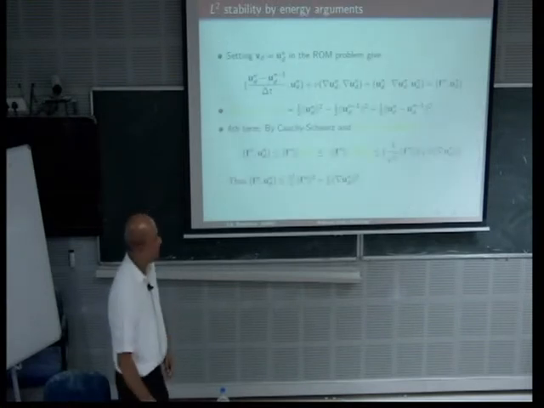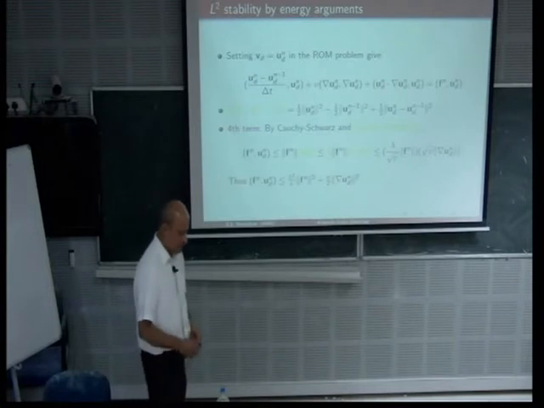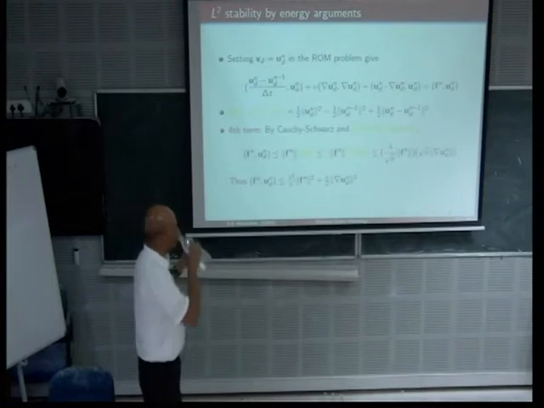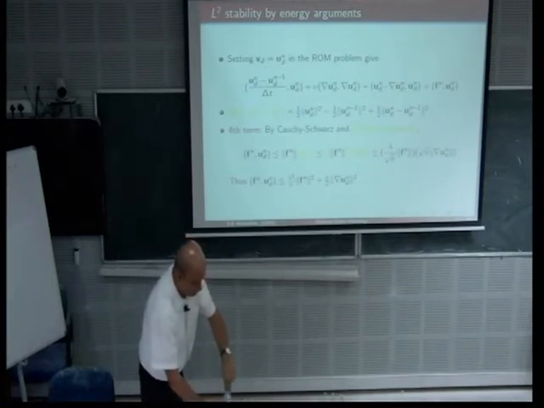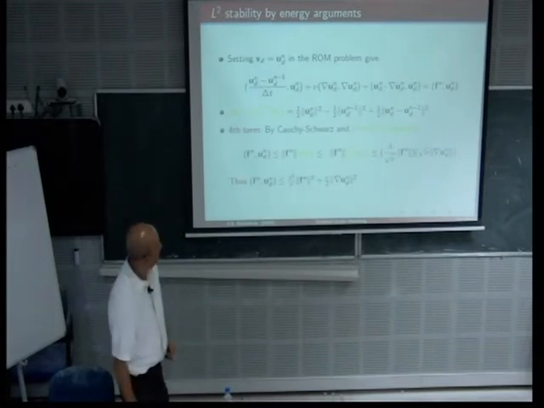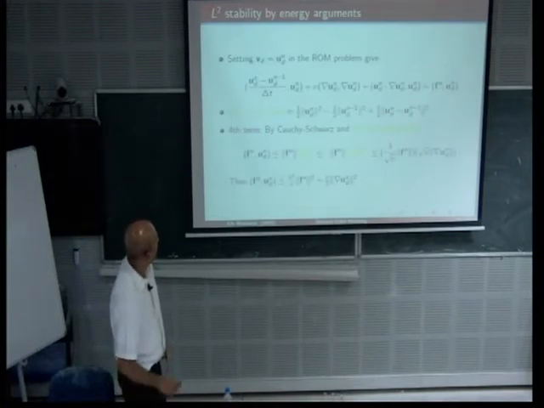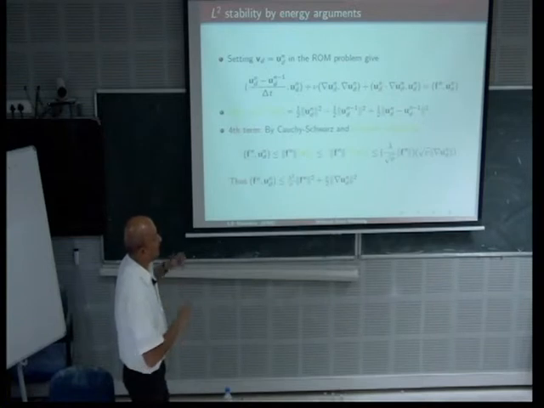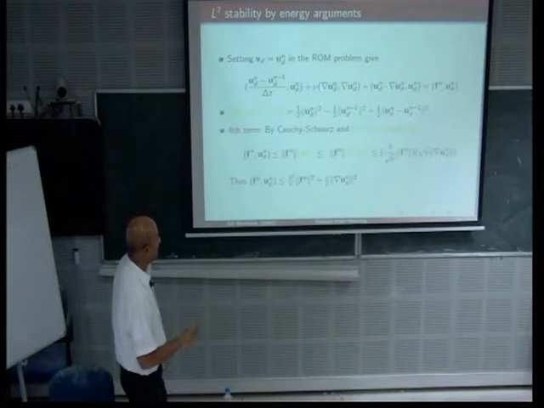Now, let me first show you how to derive stability or a priori estimates for the discrete problem. Here also we use energy arguments. So you set v_d equals u_d in the reduced order model. Okay, you get this thing, and then I'm going to simplify these things. This is nu times the L2 norm of the gradient of u_d^n.